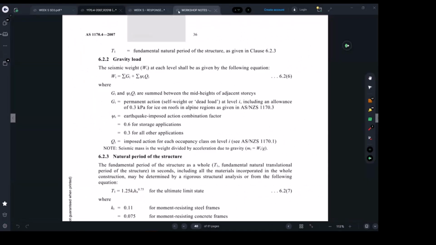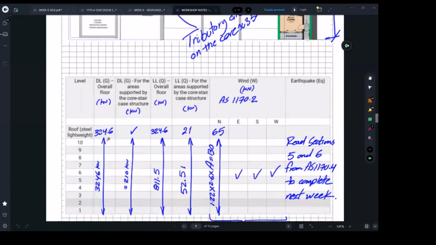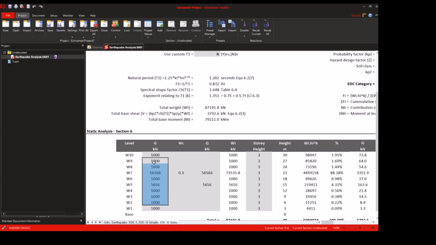These are not the final ones, yours are different. So take your dead loads and put them here. Whatever they are. Here maybe 500, here maybe 300, here it's 5,000, and the rest should be 5,000. You've got a very simple building there.